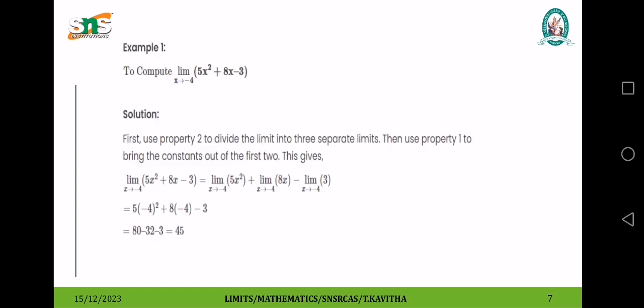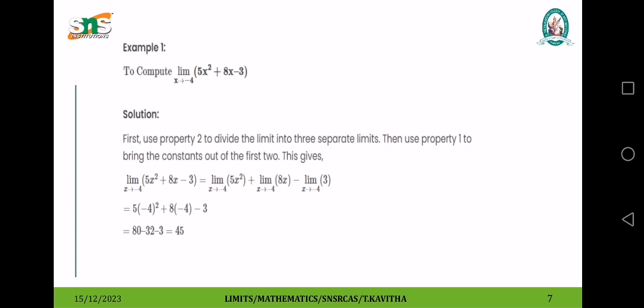The next one, example for limit. To compute limit x tends to minus 4 of 5x square plus 8x minus 3, we use property 2 to divide the limit into three separate limits. Then use property 1 to bring the constant out of the first two.